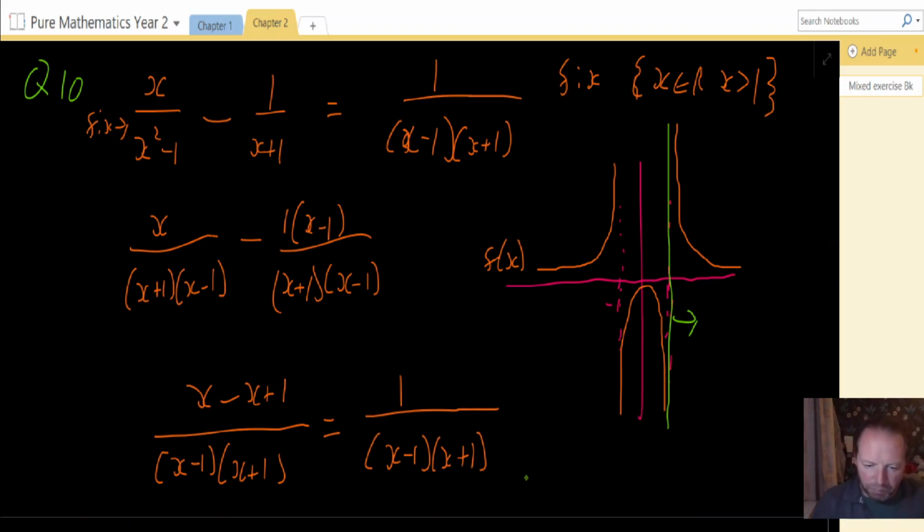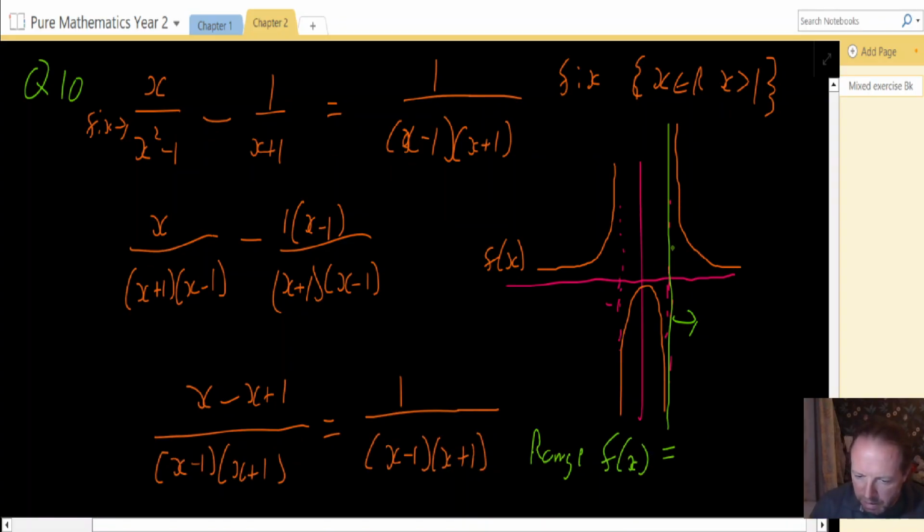Now with that in mind, looking at what you've got, the range of f of x is going to be basically anything bigger than 0. So f of x is greater than 0, because it just goes up that way.